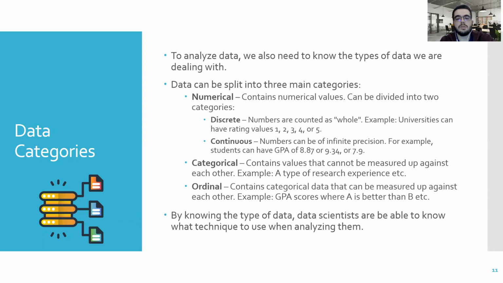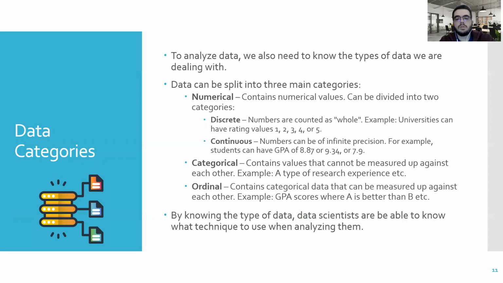For example, university ratings could be 1, 2, 3, 4, or 5, or there could be continuous numbers of infinite precision. For example, undergraduate students can have a GPA of 8.87 or 9.34 or 7.9 and so on.